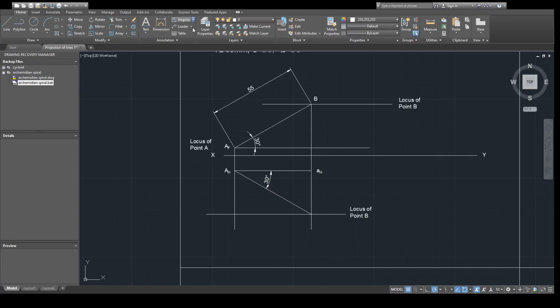So true length 55 mm, true inclination with respect to VP 30 degree.